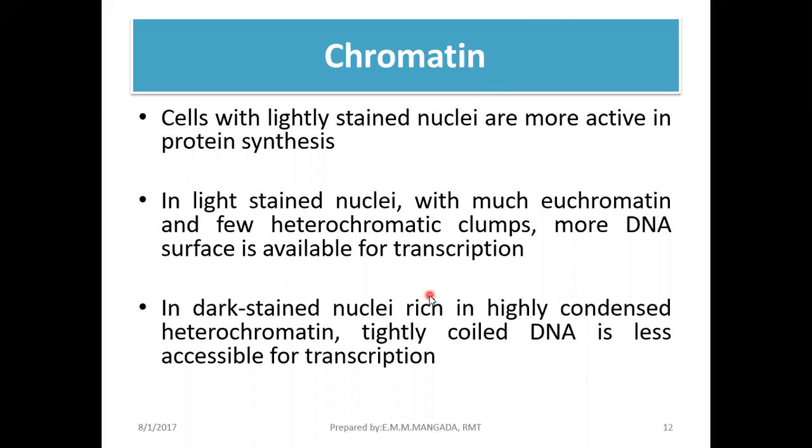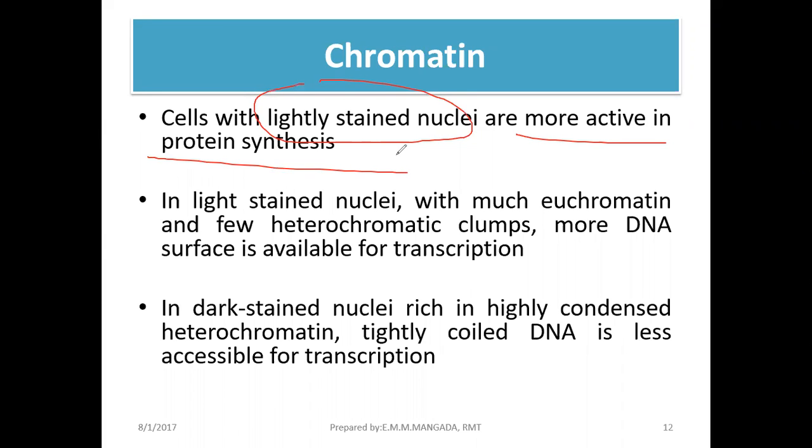So guys, again, we have here the comparison. Cells with lightly stained nuclei are more active in protein synthesis. Di ba yung lightly is yung euchromatin ninyo? Eh saan nga natin nakikita yung euchromatin? Sa mga metabolically active cells. Kaya again, they are lightly stained and are more active in protein synthesis.